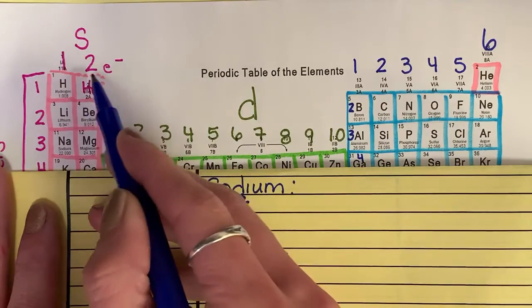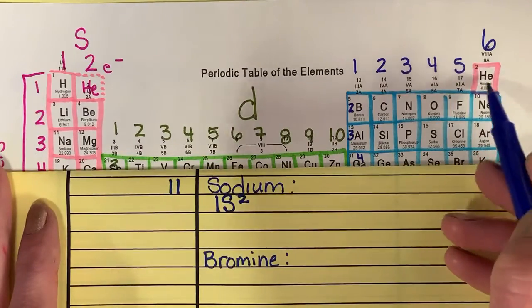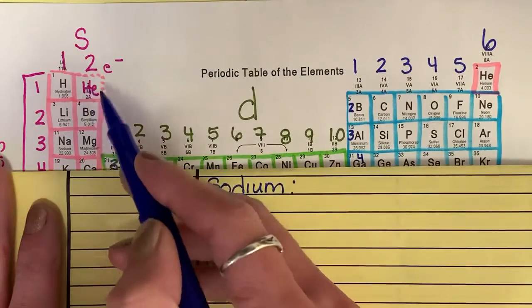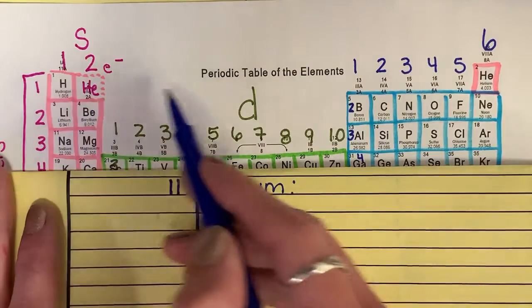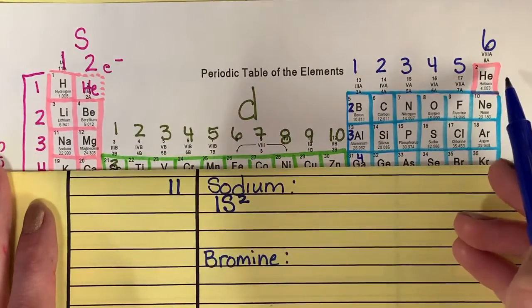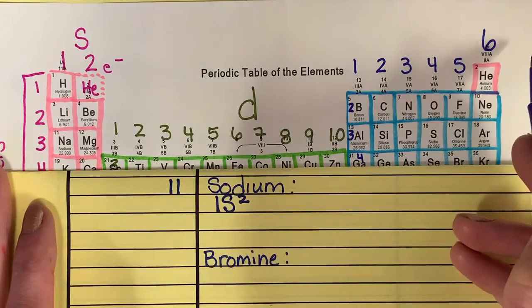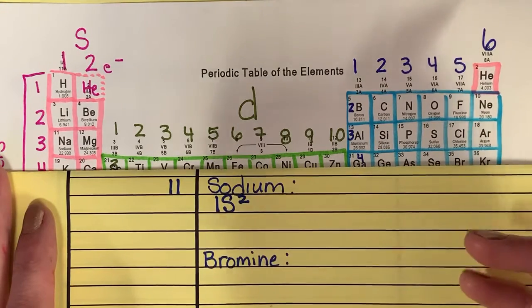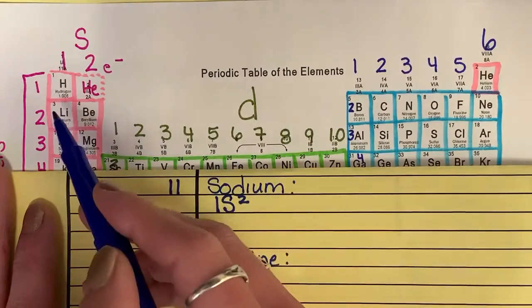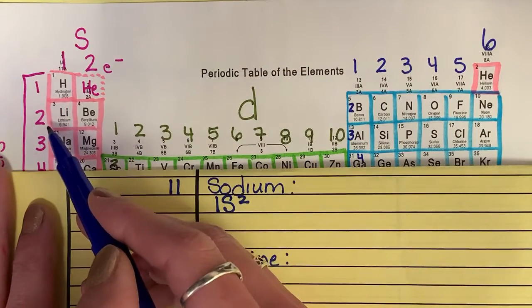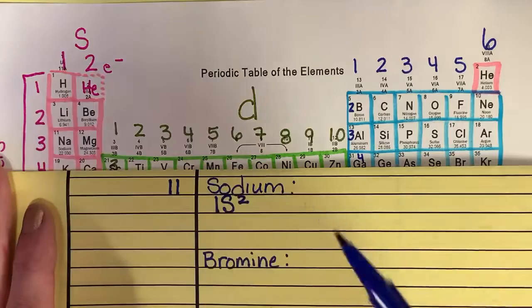Now remember, helium is actually found over here, but he's in the s orbital, and this has completed the entire first row. I keep going until I hit my element. So then I go on to the next row. The next row is energy level 2.